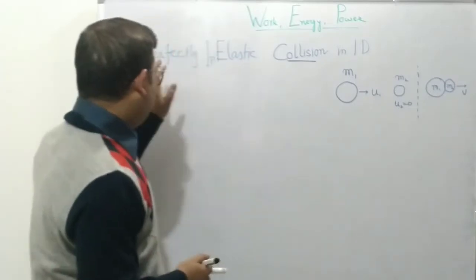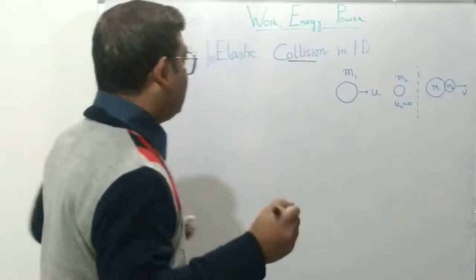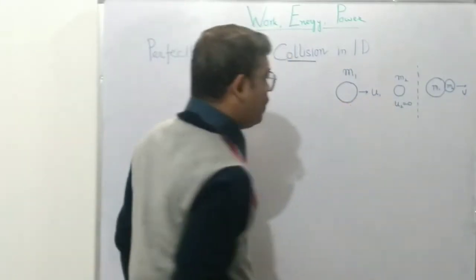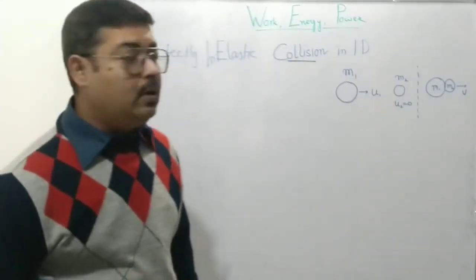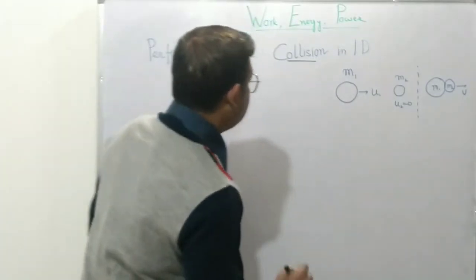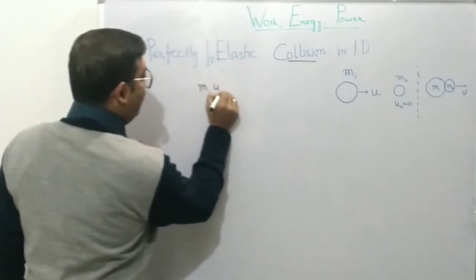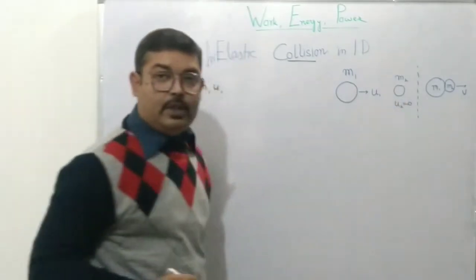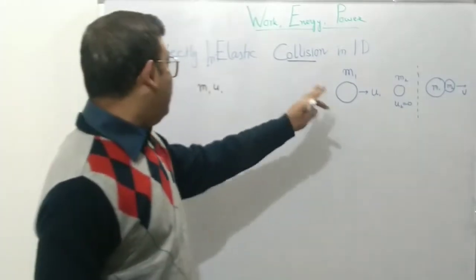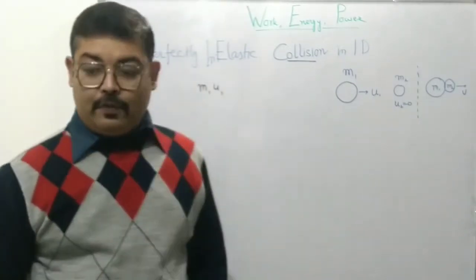In this case also, we know that conservation of linear momentum must hold good. If we consider the momentum before the collision, it is m1 into u1 plus m2 into u2, which is 0. So the net momentum before collision is m1 u1. What is the net momentum after the collision?